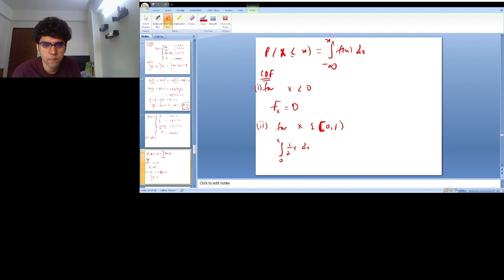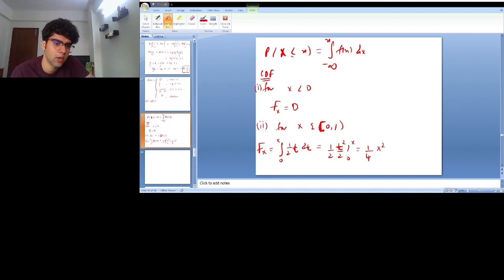So this gives me half of x square by 2, 0 to x, 1 by 4 x square. Let me just write this as t so that you don't get confused. So this becomes t square. So just substituting x here gives me 1 by 4 x square. This is my CDF for x between 0 and 1.